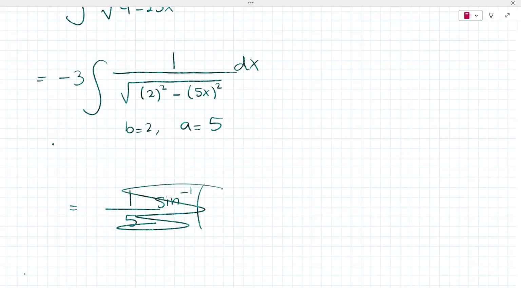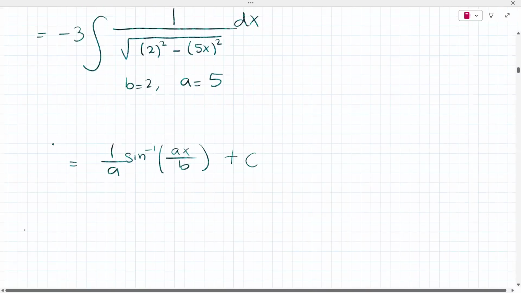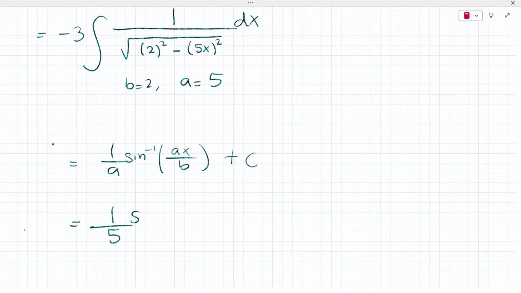Oh, so wait, our answer is going to be equal to 1 over a sin inverse of ax over b plus c. So that's going to be 1 over a, and our a is 5, sin inverse of ax. A is 5x, and our b is 2.